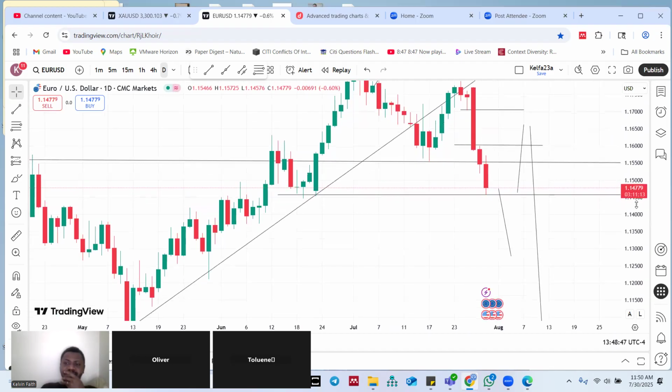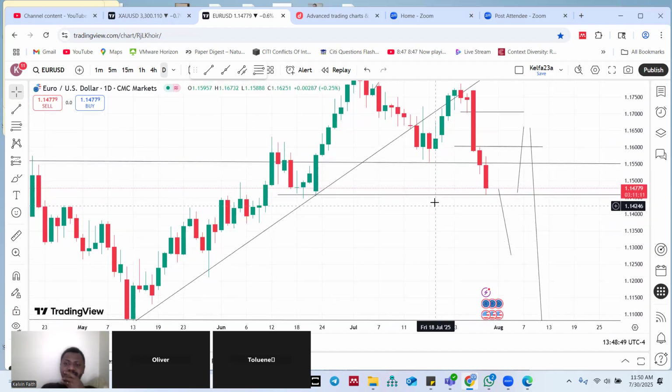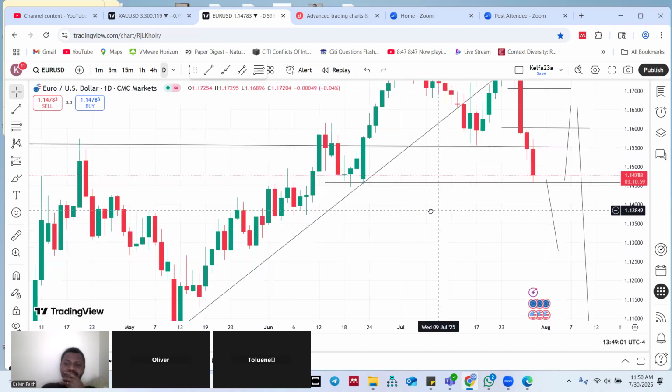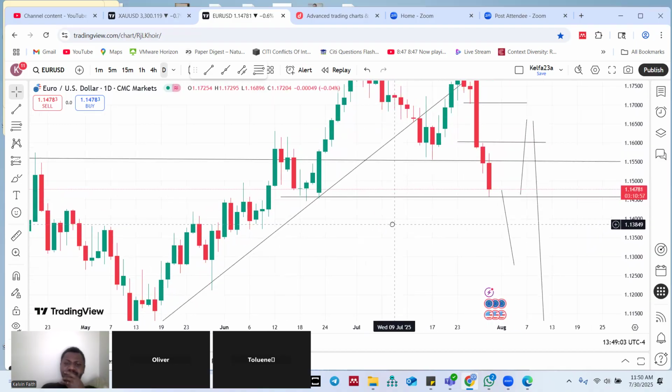If at all it breaks this low that you marked here, that's another big confirmation that you can go in with a standard lot. But for now, since it has not broken, wait for it at this breaker block where you drop this horizontal line. Yeah, that's the breaker block. Okay, good, that's where people are waiting for it.